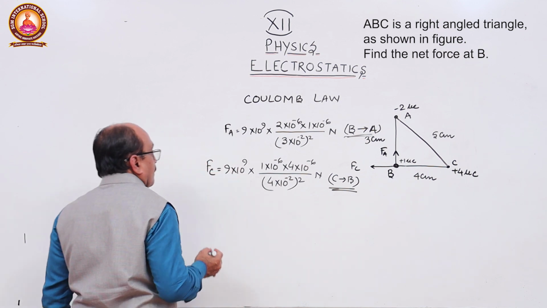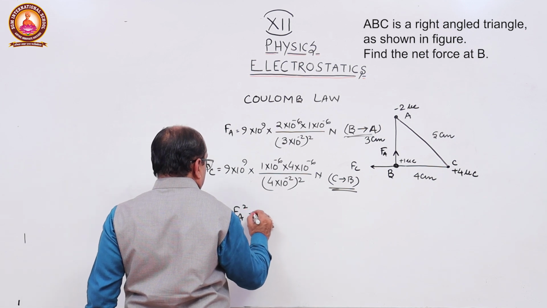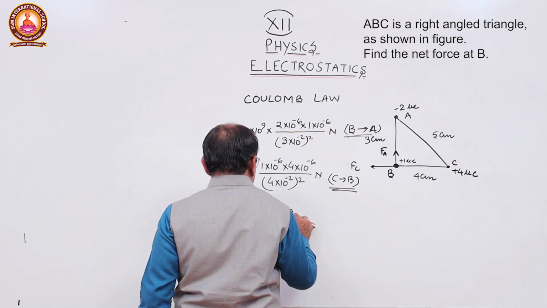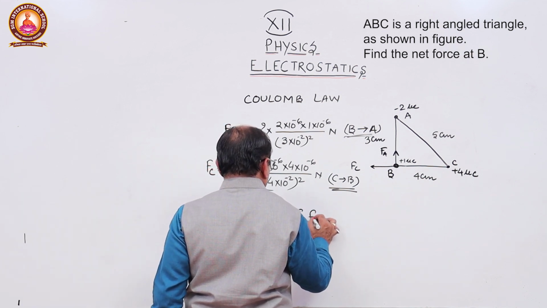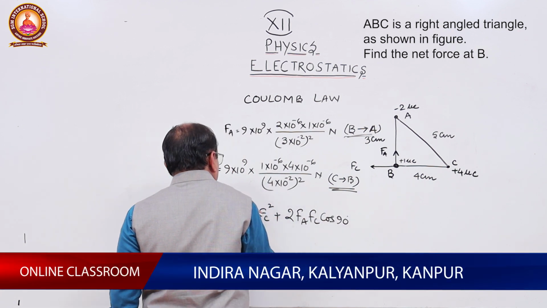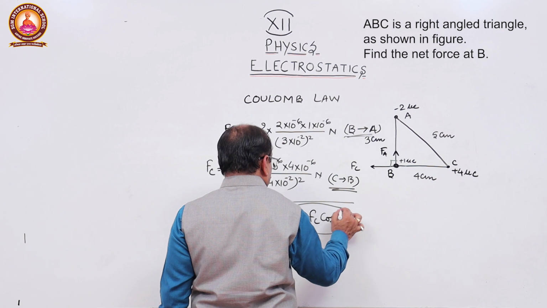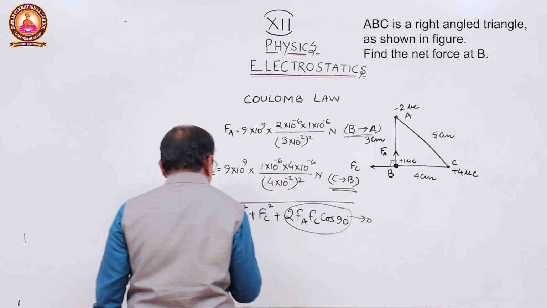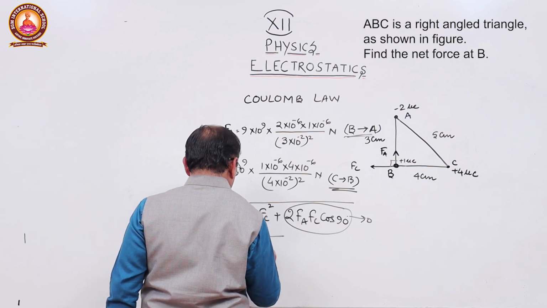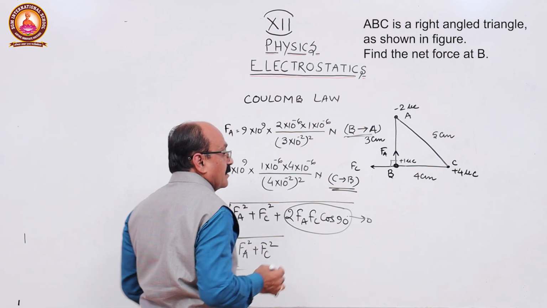Solve them and the final answer will be FA square plus FC square plus twice FA FC cos 90. This is law of parallelogram, the angle is 90, the whole term become 0 and you will find the answer by solving this only, FA square plus FC square. Got it?